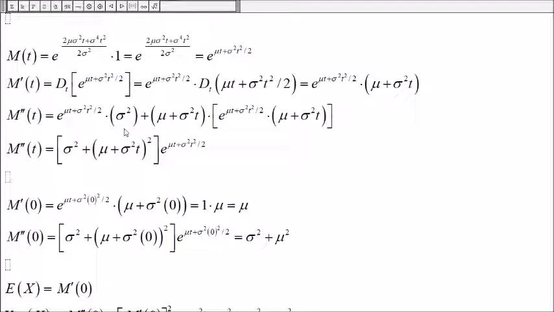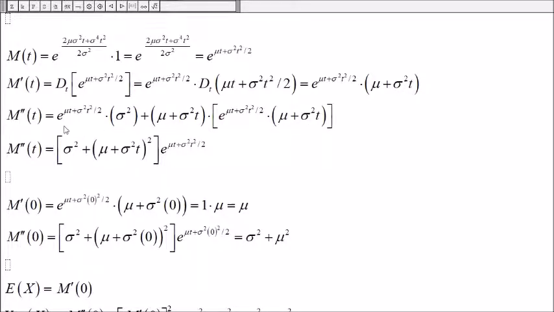So it will be the first factor times the derivative of the second factor, and then plus the second factor times the derivative of the first factor. We have just found the derivative of this, which is this whole thing right here. So that's what we have.